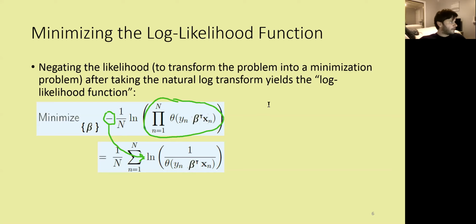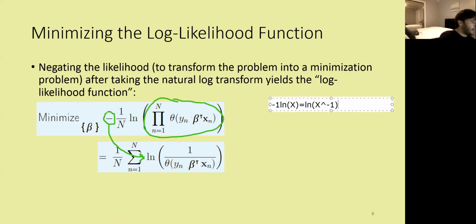So what we had was -1 times the log of something, and this is actually equal to the log of that something raised to the -1 power. Hopefully you remember that anything to the -1 power is just 1 over that something. That is where this fraction came from.